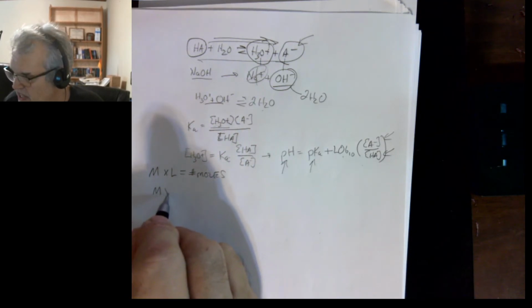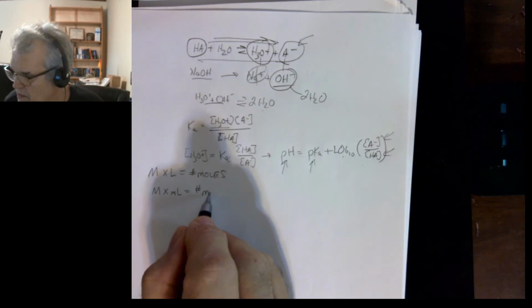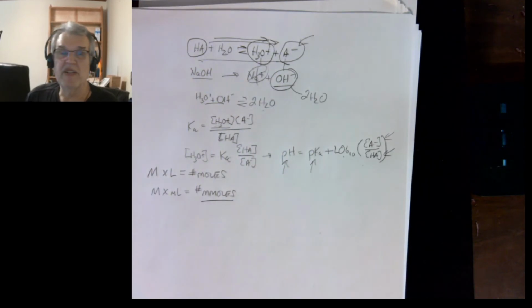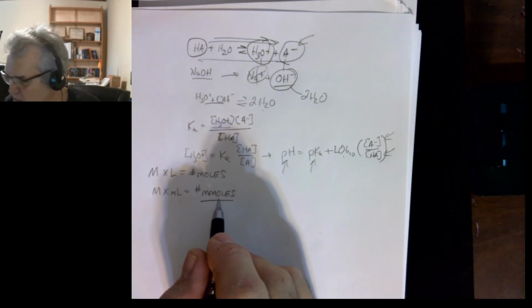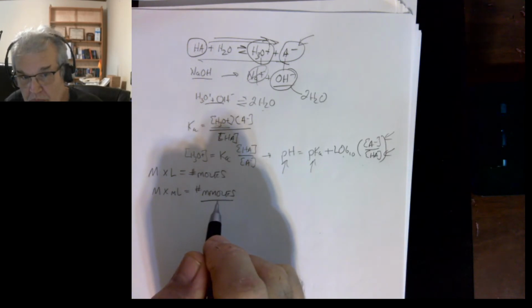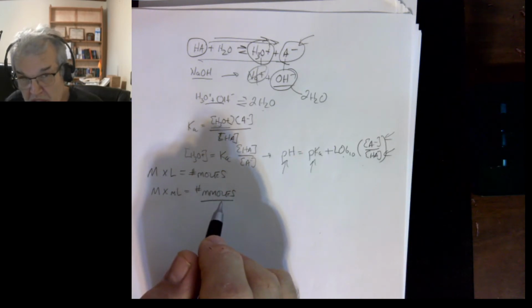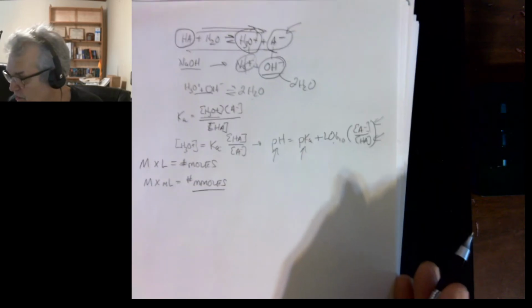Well, molarity times milliliters equals number of millimoles. And that's so much easier because everything always goes by milliliters. Nobody uses liters anymore. That's bucket chemistry that went out in the 1900s. So, well, you're going to use millimoles. As long as you're consistent and don't try to go back to liters and moles, you can use millimoles in these equations because remember, they're divided over top of each other.